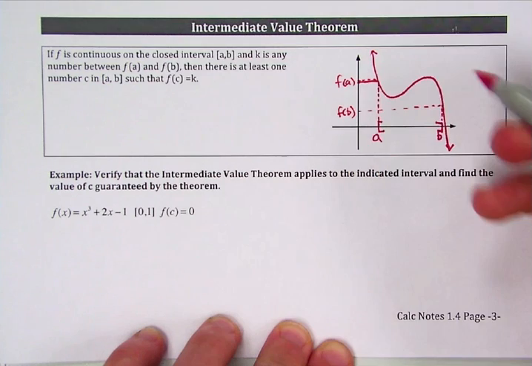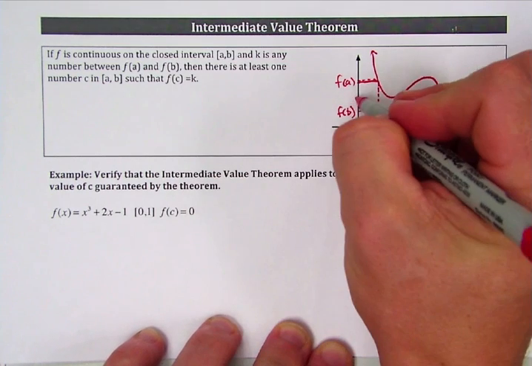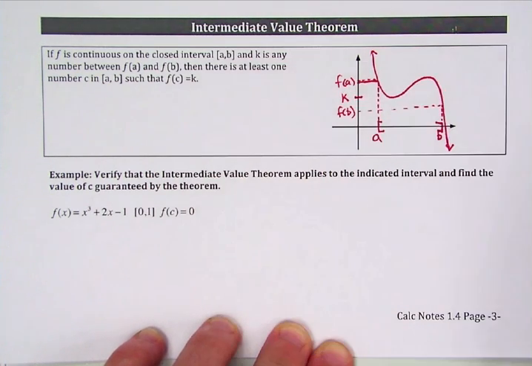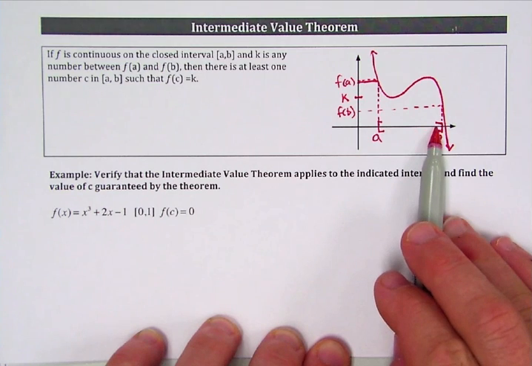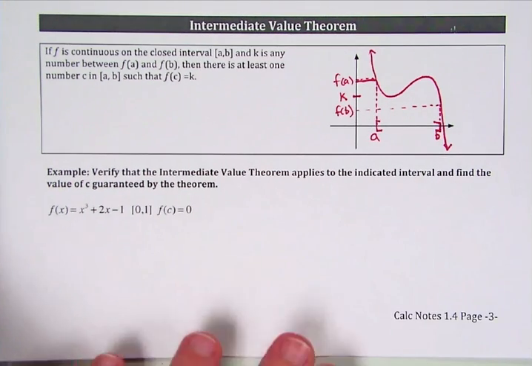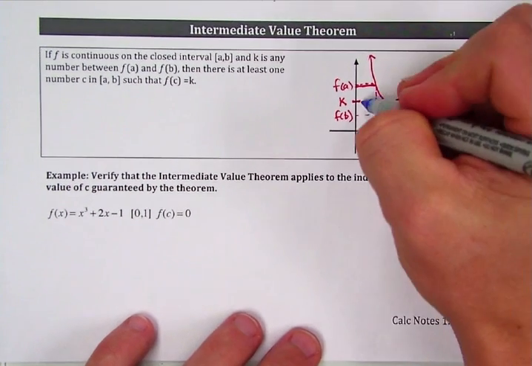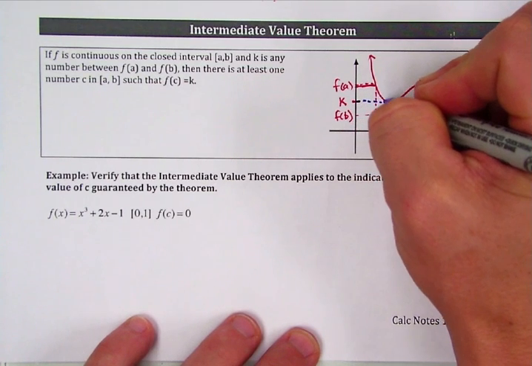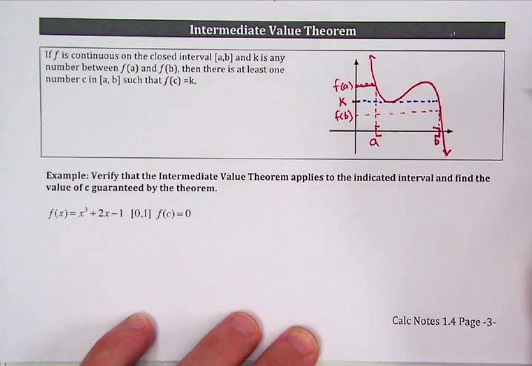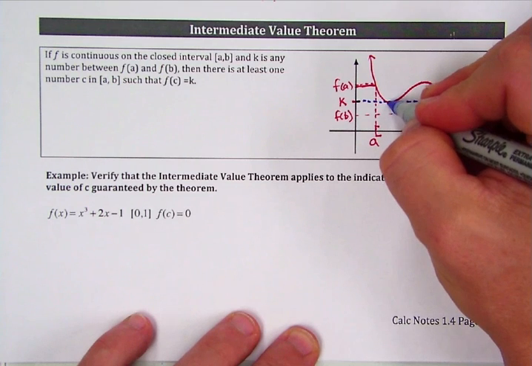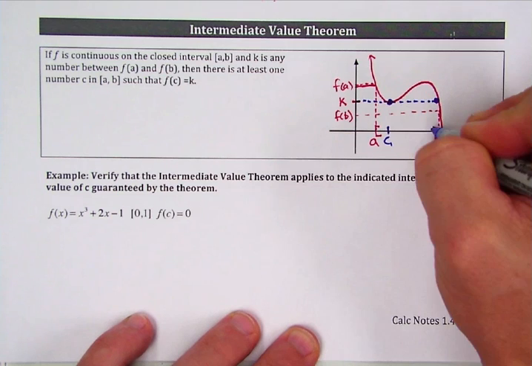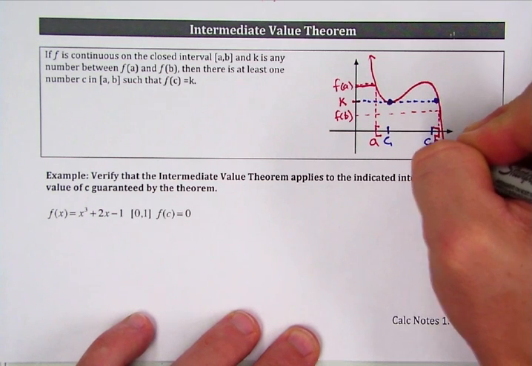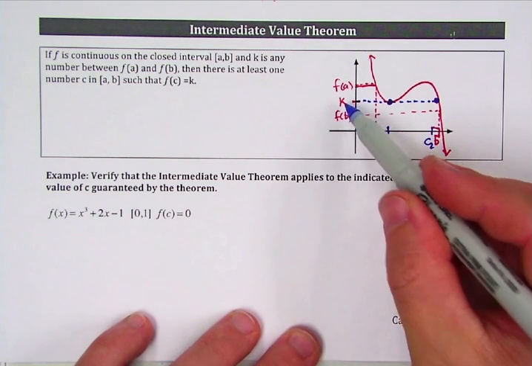So we can let k be anything between here. Then there's at least one value c down here where f of c equals k. So you can see if we take k and we come across here, we would get at least one c value, or if we plugged it into our function, we would get k.